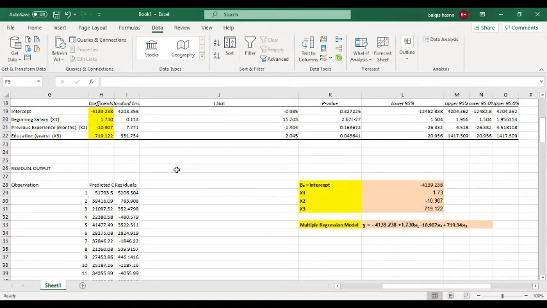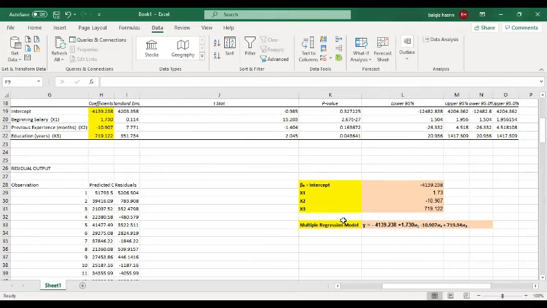For X2, which is previous experience, the coefficient is negative 10.907. And X3, which is education, the coefficient is 719.122.